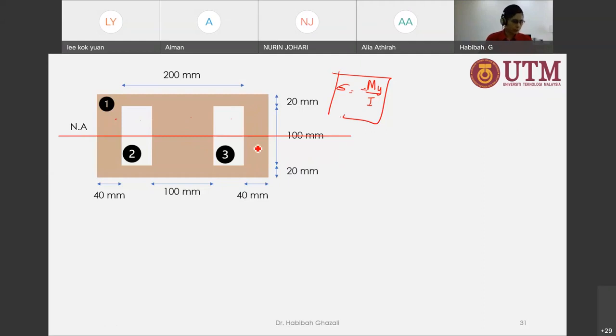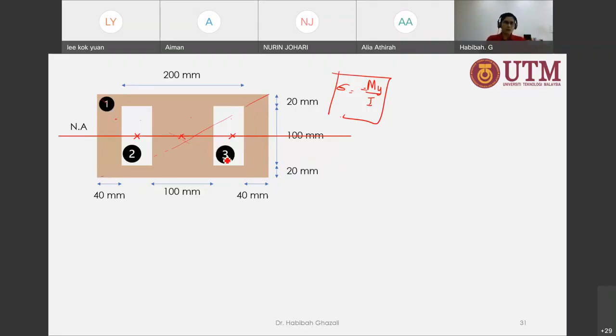That's why when you see my solution, I have said that all the shapes here have their centroid coinciding with the neutral axis. For this one, it is here. For this one, it is here. For the big one, it is there as well.